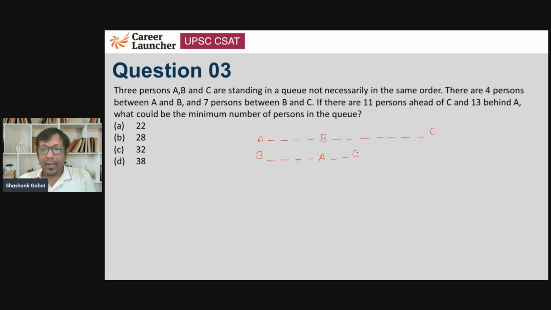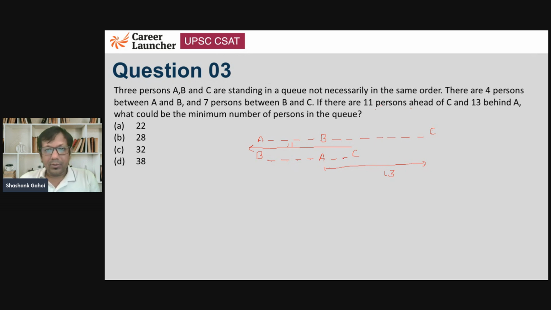Now it says there are 13 people behind A, and 11 people ahead of C. So from here to here, we have 13 people. From here to here, we have 11 people. So what is the total number of people we are talking about? It means after A, there are 13 people.